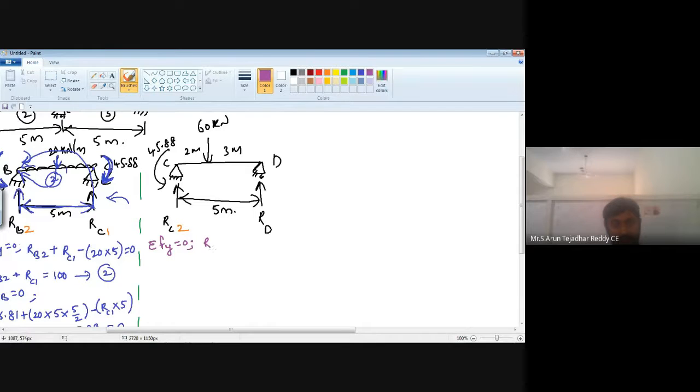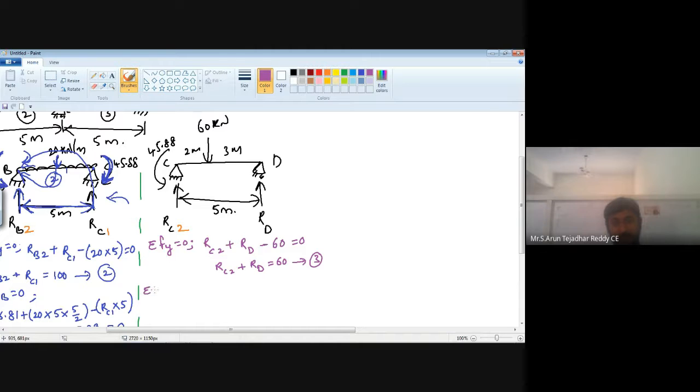Here RC2 plus RD minus 60 is equal to 0. So we can write it as RC2 plus RD is equal to 60 kilonewton. Give this equation number 3.